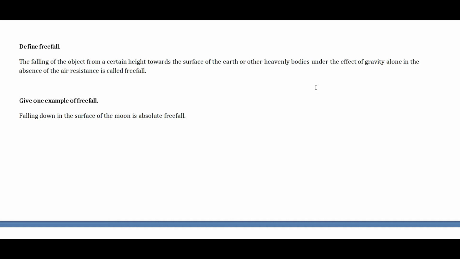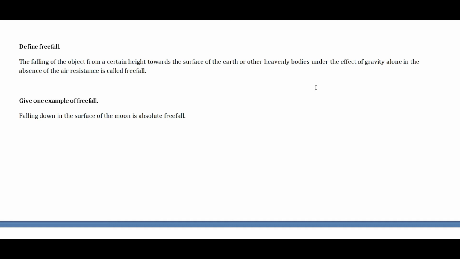So free fall is not possible when the object is falling in a downward direction on the earth, because the earth has atmosphere, and definitely when there is atmosphere, the air will give air resistance on the object. So free fall is possible only when the object is falling on the surface of the moon, because on the moon there is no presence of atmosphere.